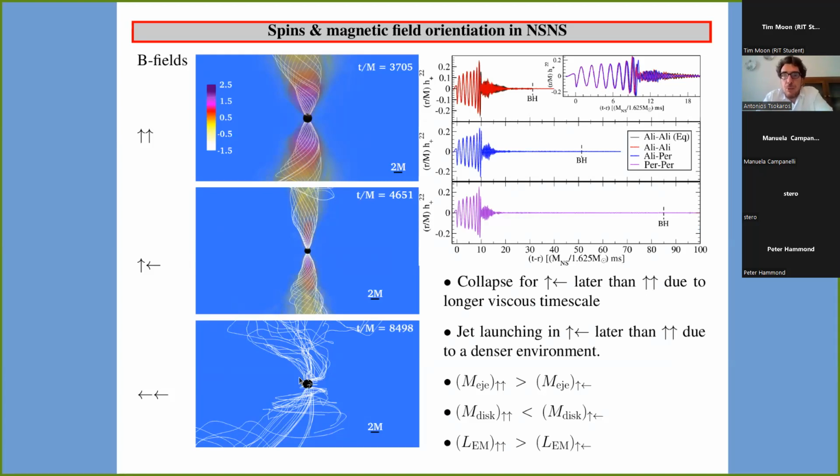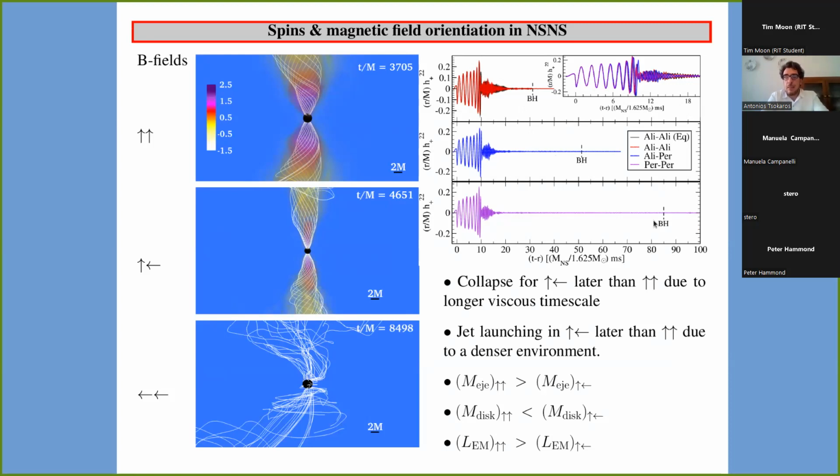Here are the gravitational waves from the three cases. The top corresponds to the top figure, the blue one to the middle figure, and the purple one to the last one. You can see nicely how the formation of the black hole is delayed depending on the magnetic field orientation.